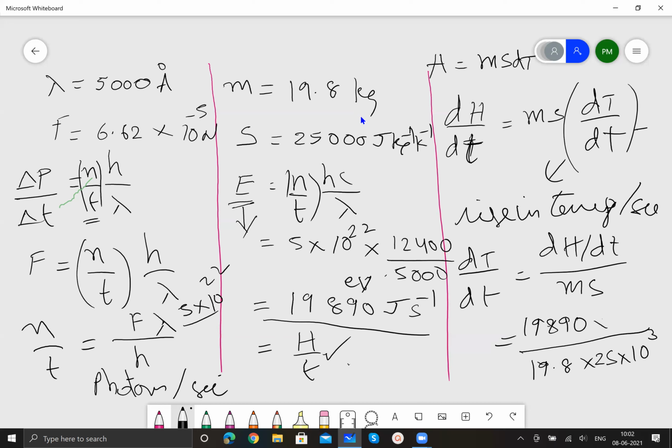If you simplify, you will get the answer. 19.8 into 10 to the power of 3 will cancel with this, approximately. So 1 by 25 means 0.04 degrees centigrade per second is the answer. Understood?